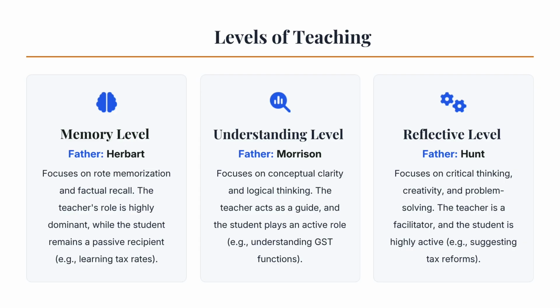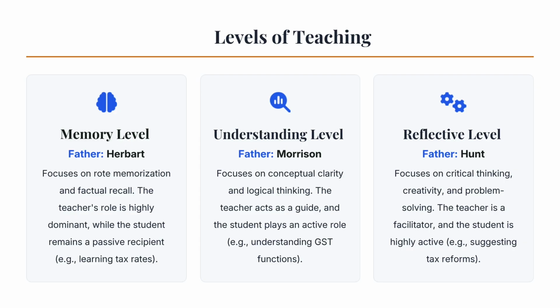Next is the understanding level teaching, introduced by Morrison, which focuses on understanding concepts and logical thinking. Finally, the reflective level teaching, given by Hunt, focuses on critical thinking, problem solving, and creativity. Here, the teacher is a facilitator and the student is highly active.